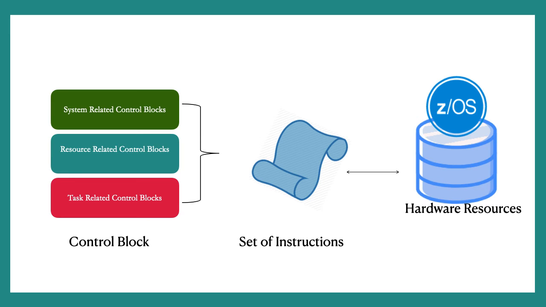Each system block represents system-wide information that is needed by the processor to process this particular job. Each processor in the mainframe computer needs to have a registry address of those particular control blocks to be able to determine the flow of the instruction.